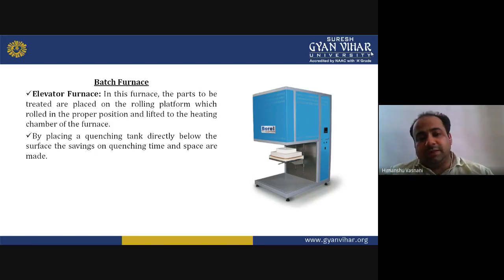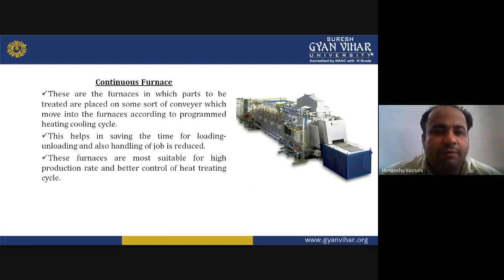So it saves manpower, space for the quenching tank, and time for carrying the workpiece from one place to another. The elevator furnace has its own application, but it can be used only for applications which require this kind of setting.